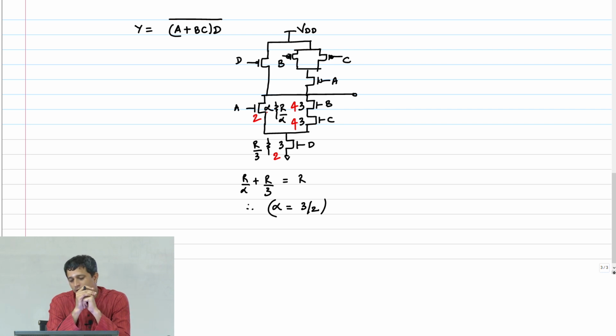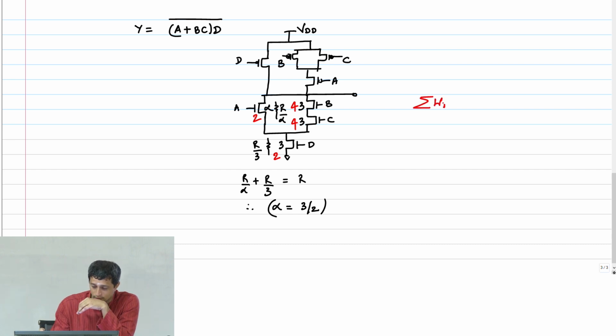Lowest? Lowest width or lowest something else? Can you tell me what the summation of Ws is in both cases? This red one is how much? 12.